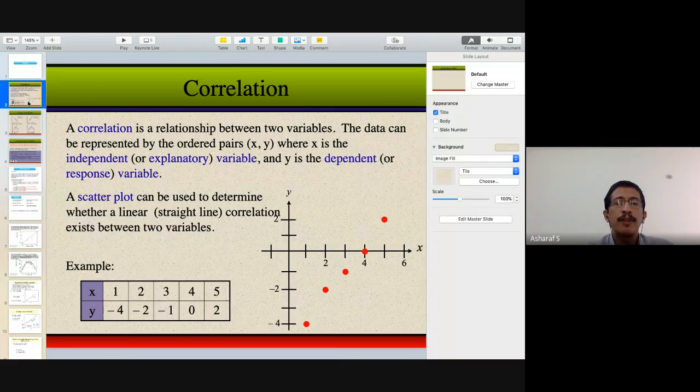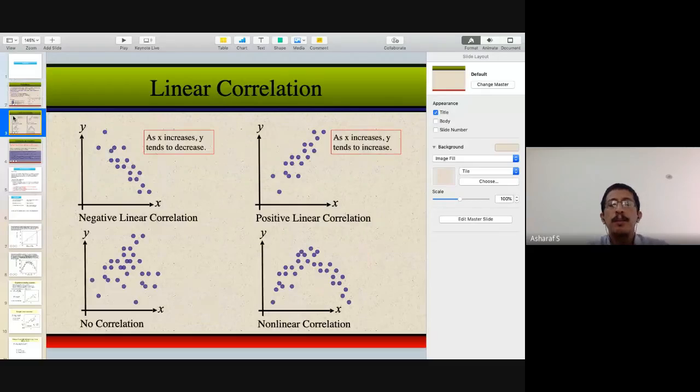You may have come across this topic already in your math courses, which is Introduction to the Mathematical Foundations of Machine Learning and Data Analytics. When you plot two variables, for example x and y, you may see that as x increases, y tends to decrease. That's one context.